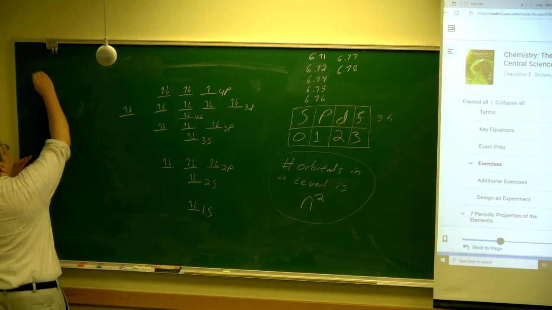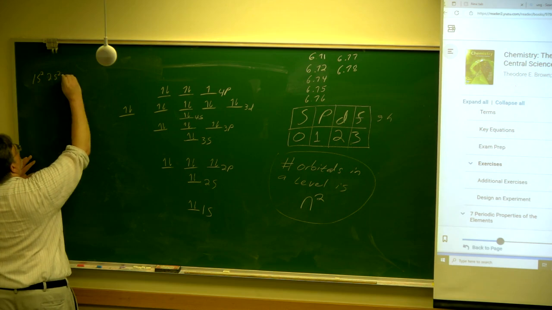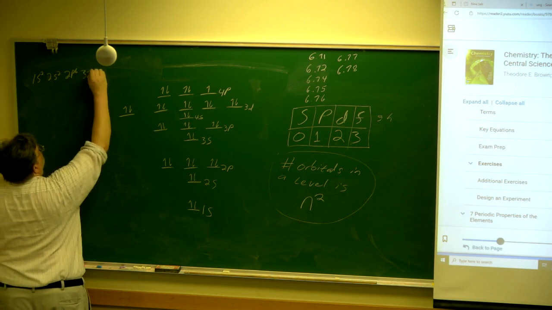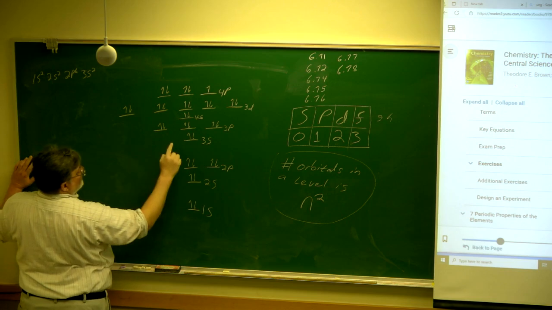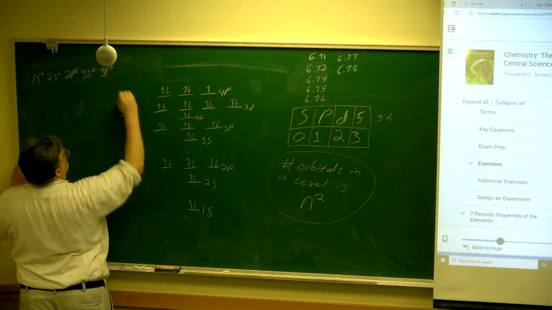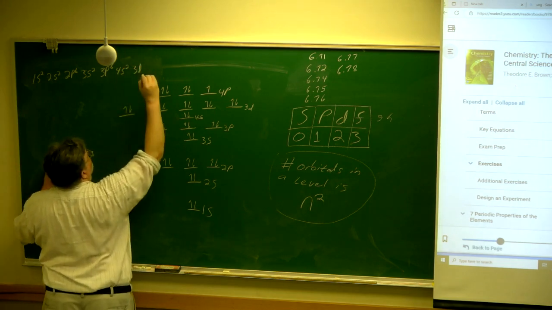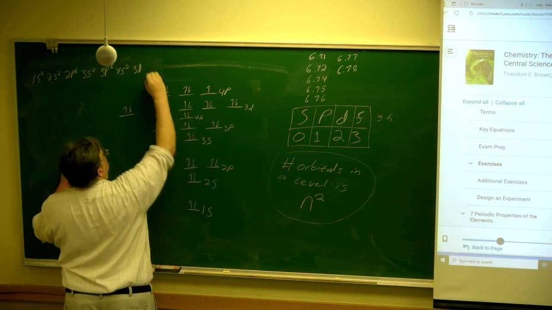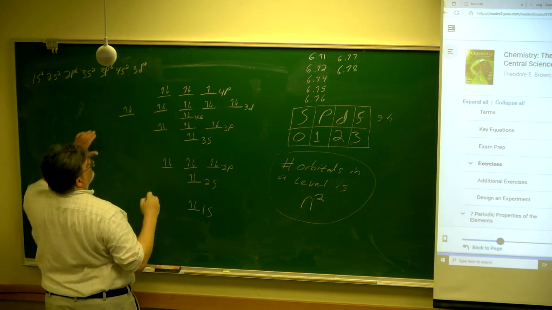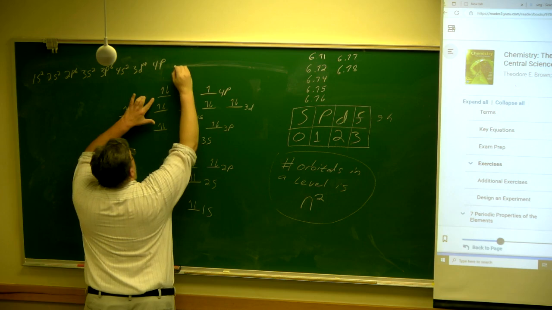So now I want to write this. 1s2, 2s2, 2p6, 3s2, 3p6, 4s2, 3d10, this is a D, 3d10, and then 4p5.